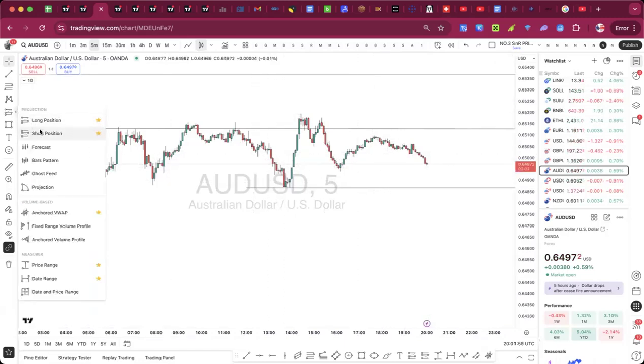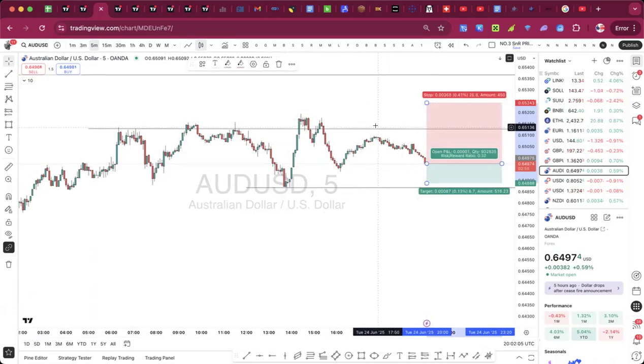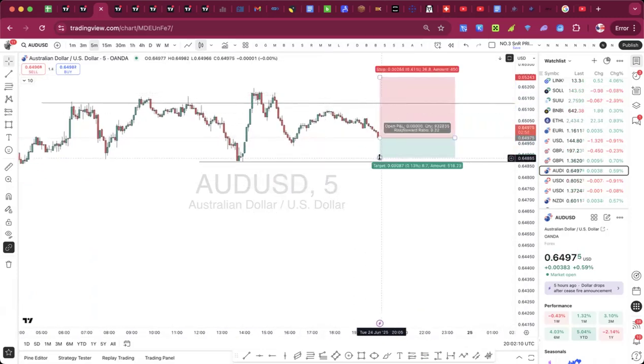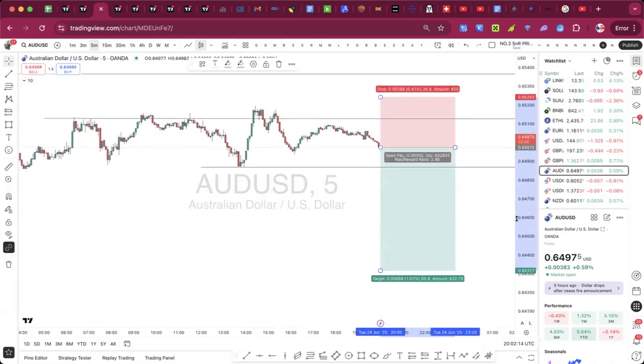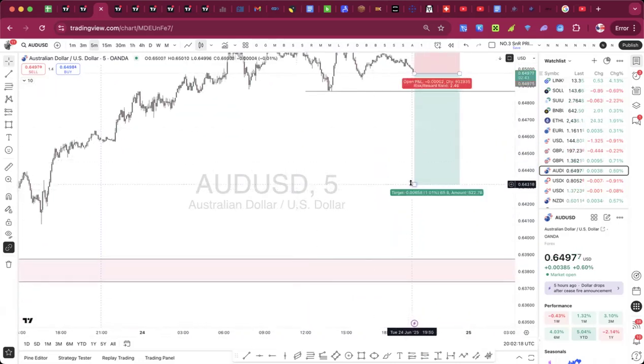The same way I told you, they're going to DCA here, and of course, stop loss above this point, which is still within a good range. And then it's going to be targeting the demand zone down here.